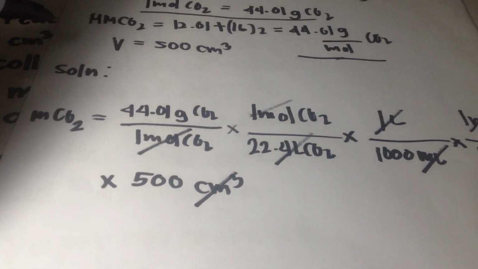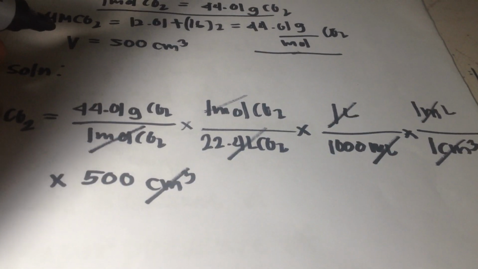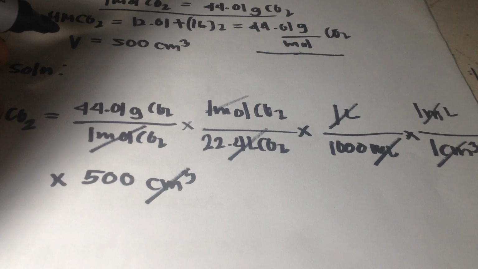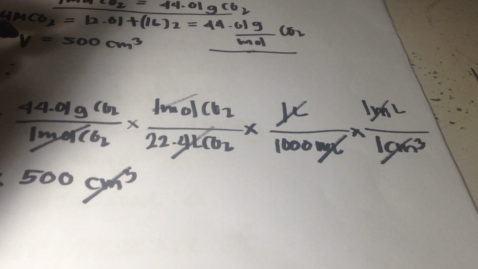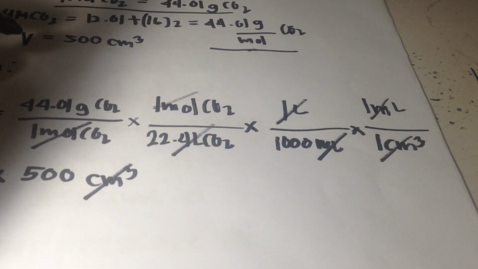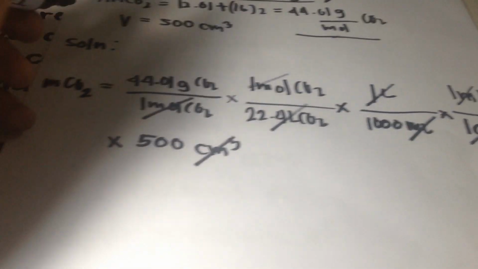So let's calculate first. 44.01 divided by 22.4 liters, divided by 1000 ml, times 1 over 1, times 500 cubic centimeters, is equal to how much?